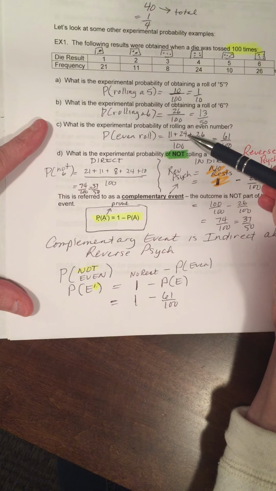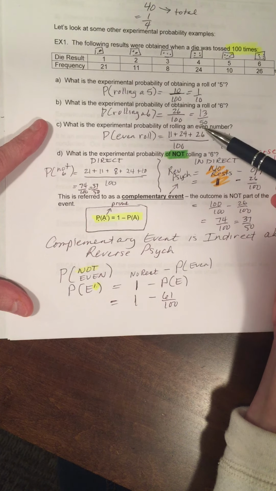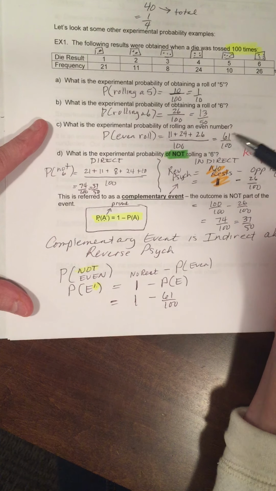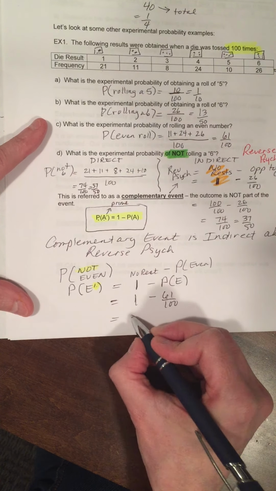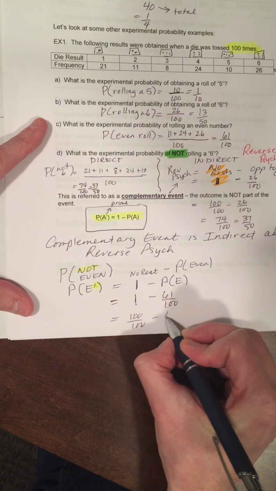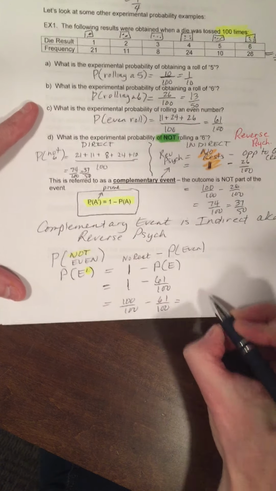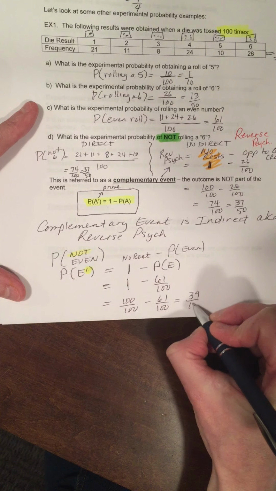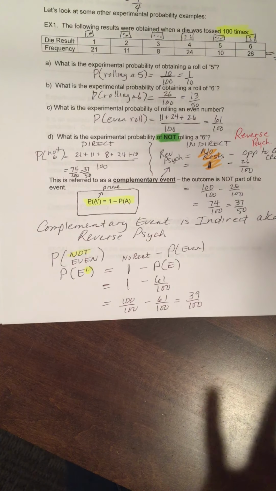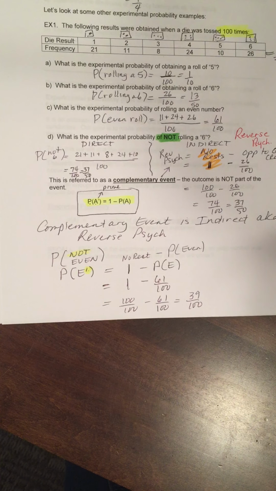Remember, 11 and 24 is 35, and 26 is 61. So the probability of not being even is that complementary event. Notice they complement, even and not even. It's going to be 39 out of 100. So complementary event, indirect, and AKA reverse psych are all the same things.